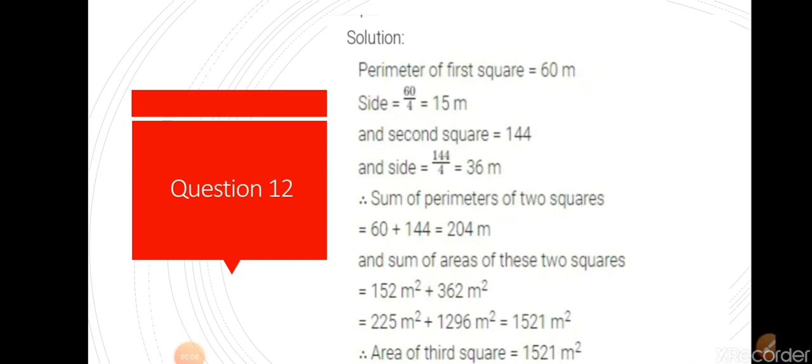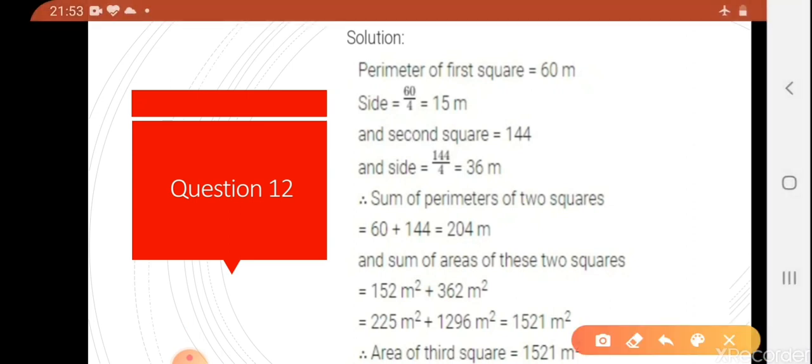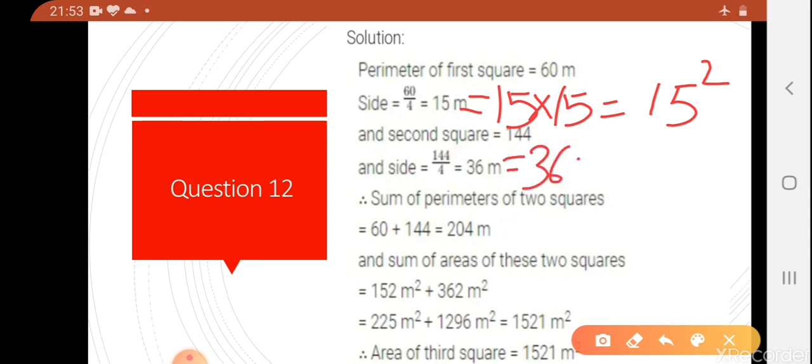Next we have to get the areas. Here we have got the side of the first square, so we can take out the area of the first square. So 15 into 15 means 15 squared. Now here also 36 into 36 means 36 squared.